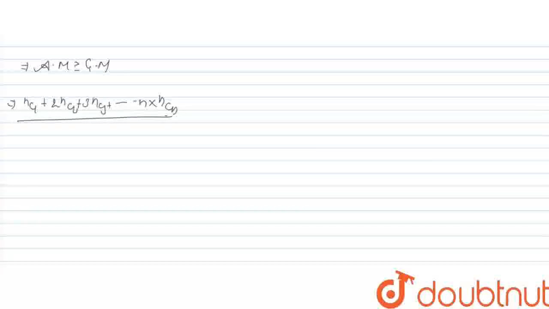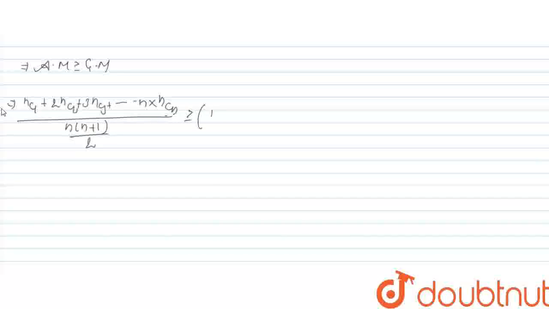This is like the summation of natural numbers: nC1 comes 1 time, nC2 comes 2 times, nC3 comes 3 times. So 1 plus 2 plus 3 and so on. So the number of terms will be n into (n plus 1) divided by 2, because the number of terms is the summation of n natural numbers. This is greater than or equal to the GM.